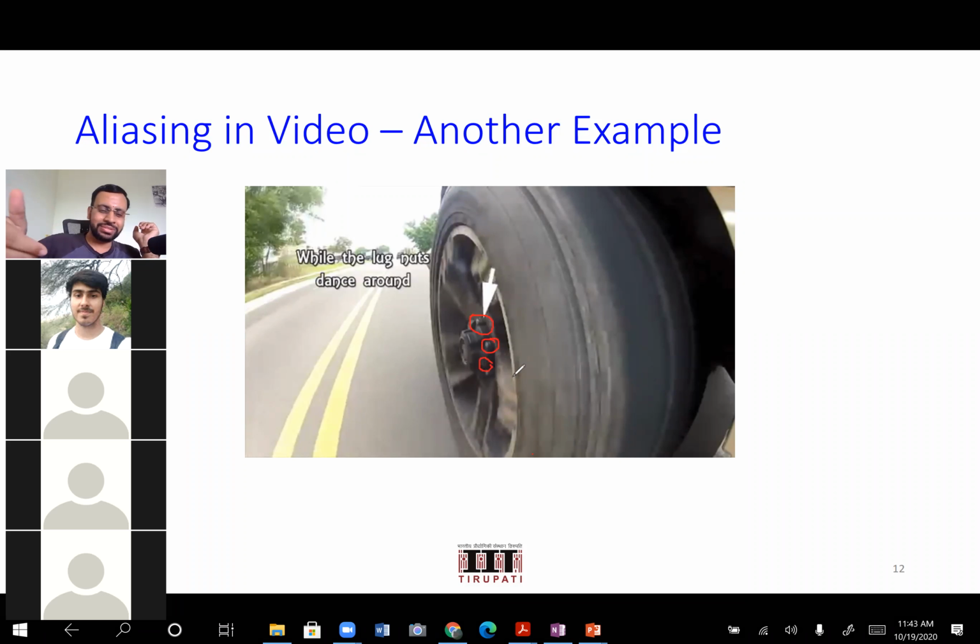If this is a symmetric object rotating, we make an inference whether it is rotating forward or backward just by keeping track of those landmarks. Otherwise it's very symmetric, you cannot distinguish anything there. There is nothing to distinguish in the background, the background being the same, circularly symmetric.